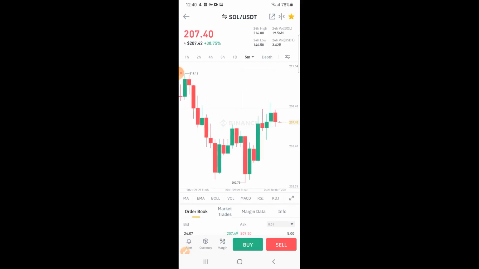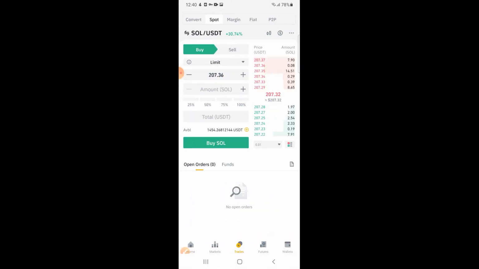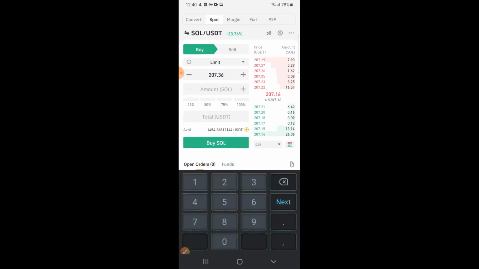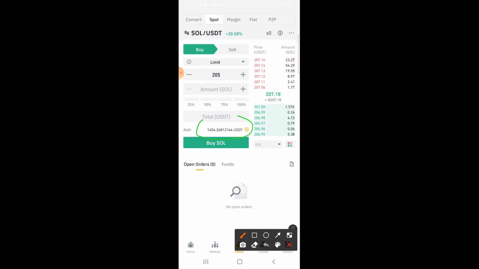Click here on buy and your target is 205. In this case my balance is 1454 USDT, but I want to buy 1000 USDT of Solana.